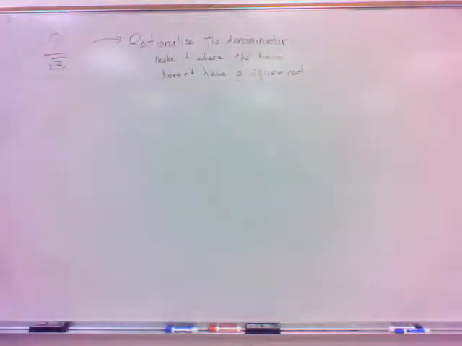Now that doesn't say anything about the numerator. The numerator is going to have a square root in it, but the denominator is not. That's what we want to do with this.